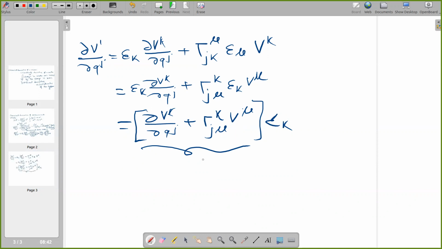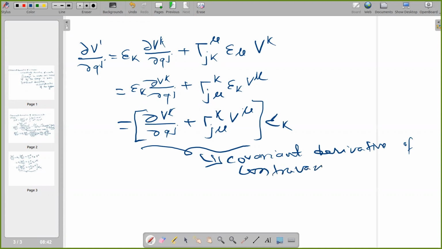So this term is known as the covariant derivative of the contravariant vector, and it is denoted by V k semicolon j.